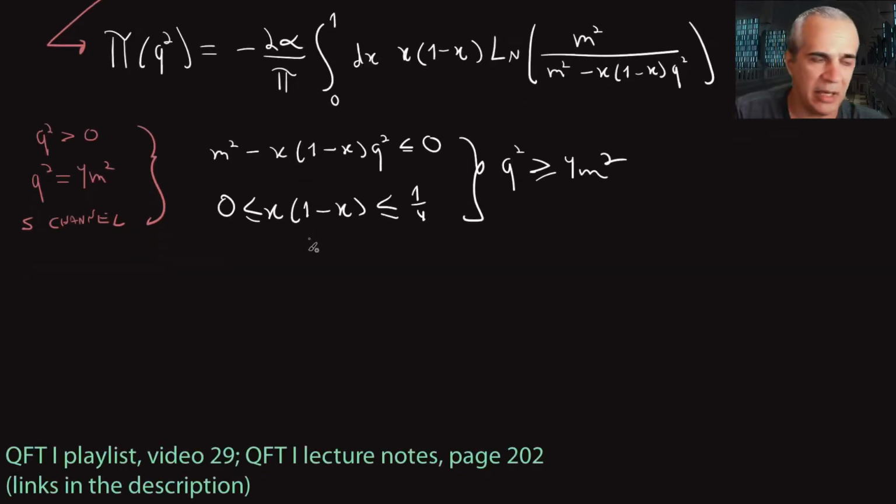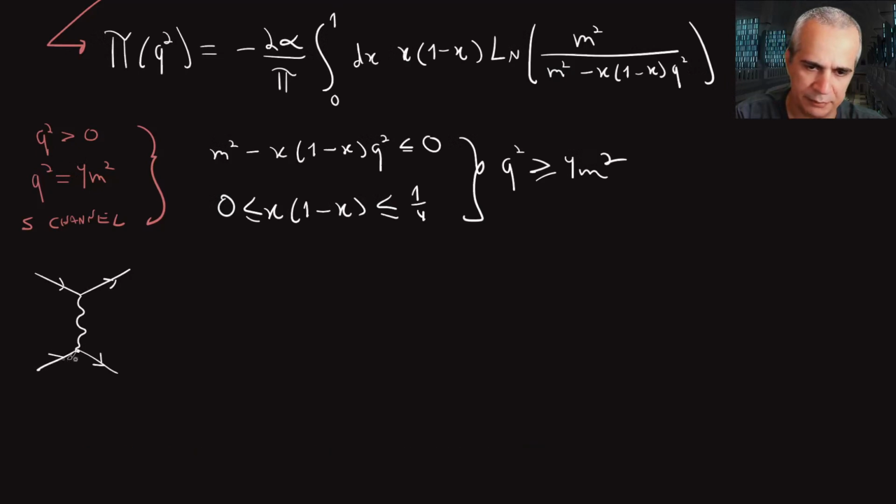We have seen in quantum field theory 1 that the exchange of one photon, just the simplest diagram you could imagine, this one, in the non-relativistic limit was related to the Coulomb potential.